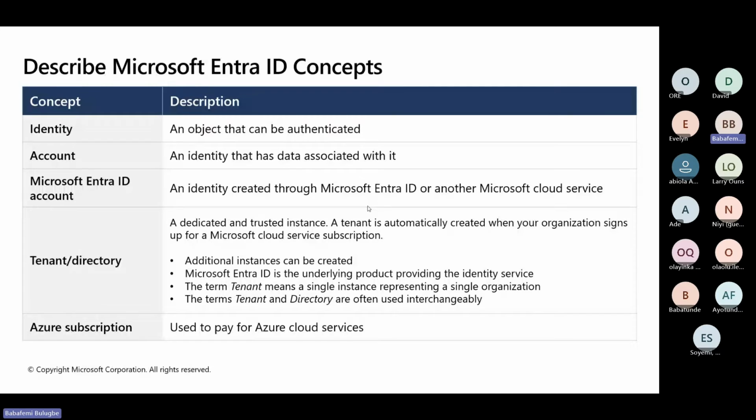So an identity created through Microsoft Entra ID or another Microsoft cloud service, maybe Office 365, is referred to as a Microsoft Entra ID account. Most of these accounts, you will see them end with .onmicrosoft.com or the custom domain.